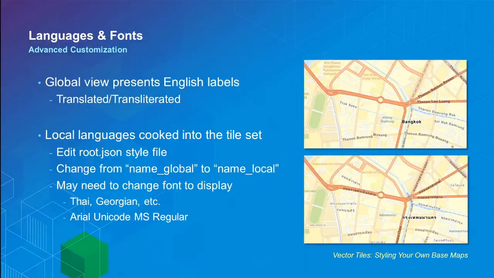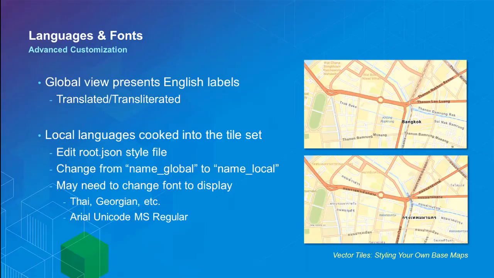And what that does is that changes an attribute field that was cooked into the vector tiles, and it'll display the local language that we have stored in our database that we cooked into the tile set. So we have this available for Thailand, Georgia, I think in Italy, in Germany, things like that, where we have English names for our standard base maps, but in the tiles are the local languages.